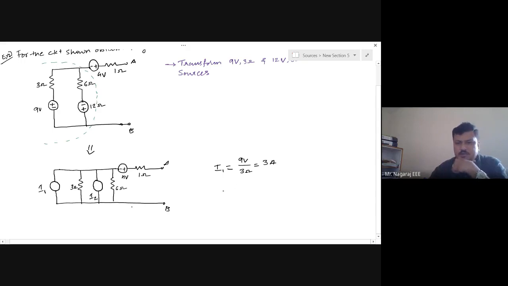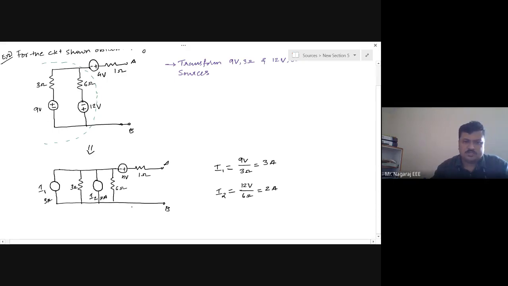And I2 is 12 volts by 6 ohms. It is 2 amps. So this is 3 amps and this is 2 amps.